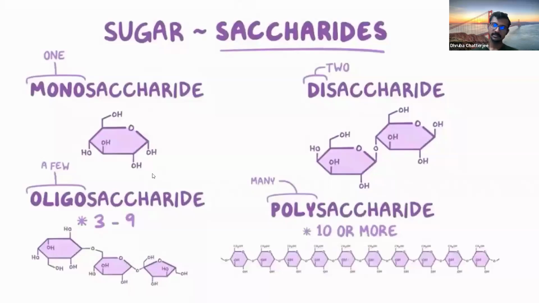There can also be oligosaccharides, which are chains of monosaccharides linked by glycosidic bonds, having 3 to 9 monosaccharide units. If they have 10 or more monomeric units linked together by glycosidic bonds, they are called polysaccharides. For example, starch.